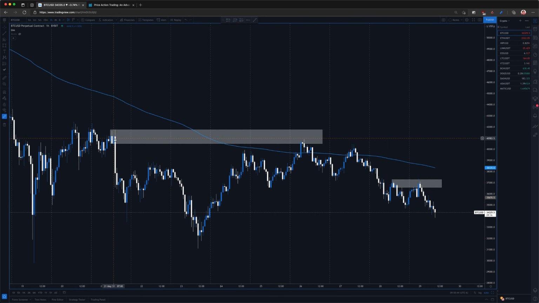So this becomes the zone of interest. I've just put a rectangle around that, and we've extended that over to when price hit this zone here. The idea is you're buying on the extremes in the direction of the trend. So this type of trade, you'd take it once price enters the rectangle, and you take a short position on that.